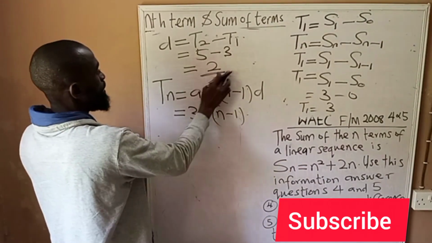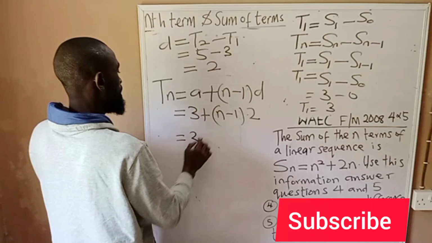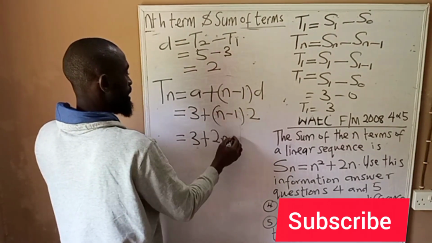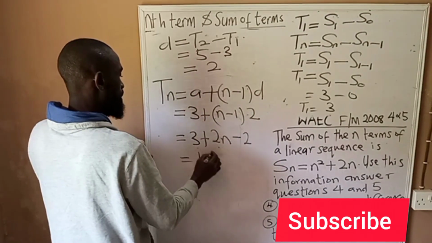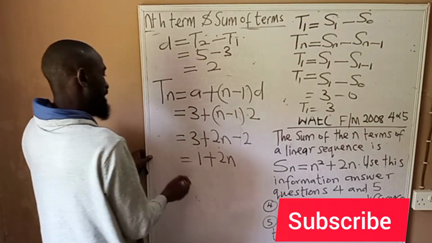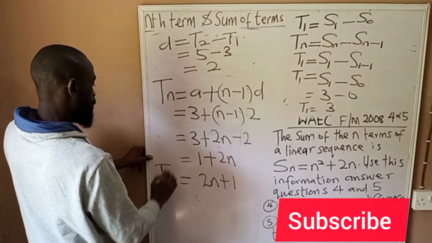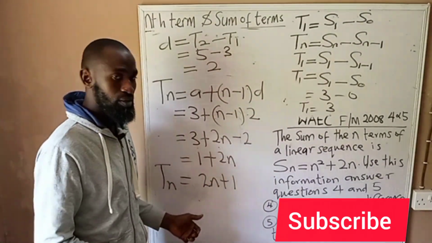Our common difference is 2, so we put our 2 here. This gives us 3 plus 2n minus 2. So 3 minus 2 gives us 1 plus 2n. I can equally write this as 2n plus 1. So the nth term, which is the general formula for this question, is 2n plus 1.